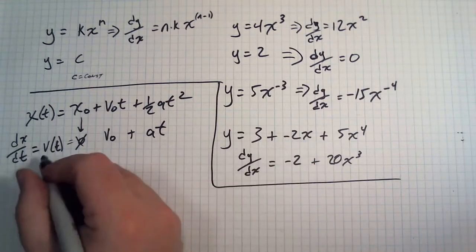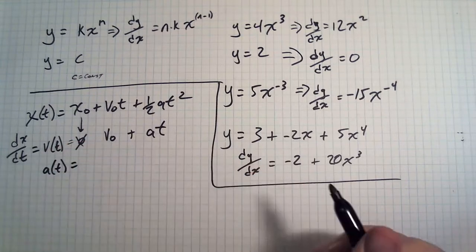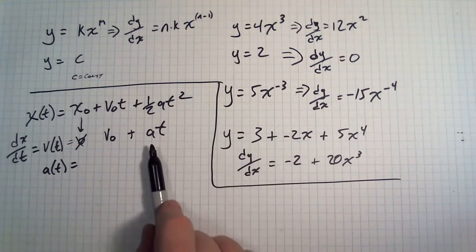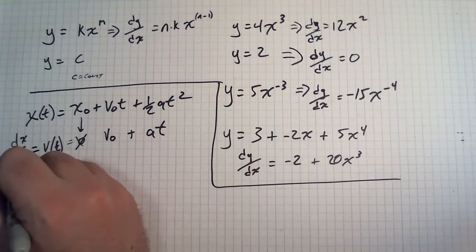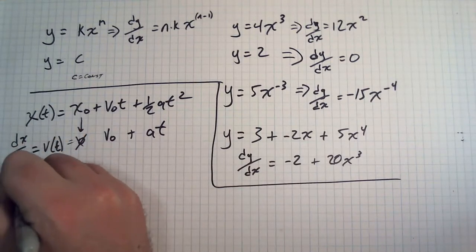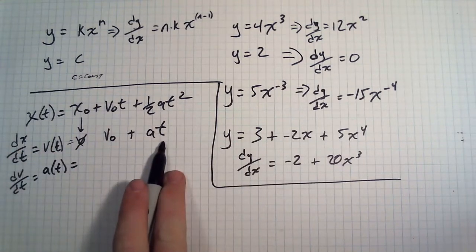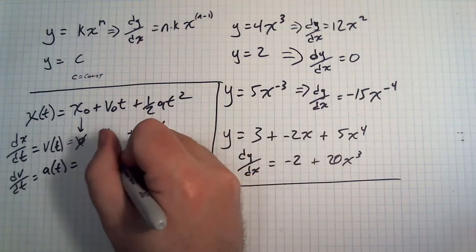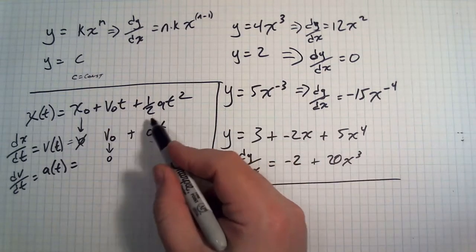Well, how about acceleration? Acceleration as a function of time, at least in my class, all we've been dealing with is constant a's. Well, acceleration is dv by dt. So if we just take the derivative again, well, that's a constant. We know what happens to them. It disappears. And then what happens over here?